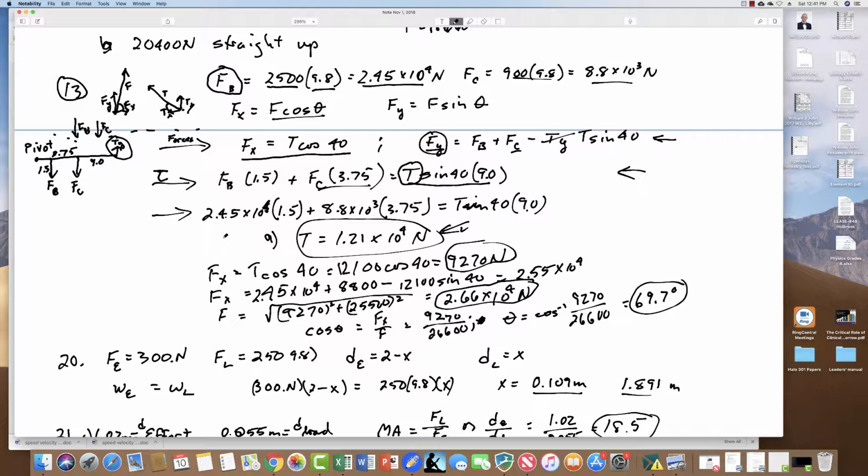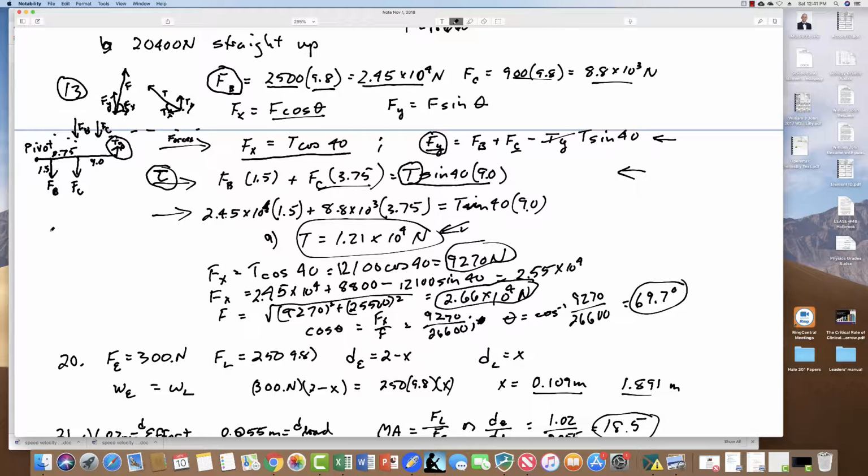Now, the other thing that has to be true in a static situation is that the torque has to balance. That is, all the clockwise torque has to counterbalance all the counterclockwise torque. In this case, there's only one counterclockwise torque, and that is the Y component of the tension in the cables times its distance, which is 9 meters.